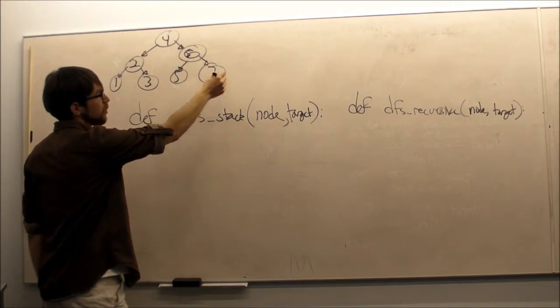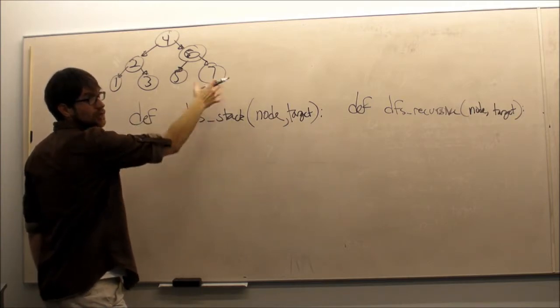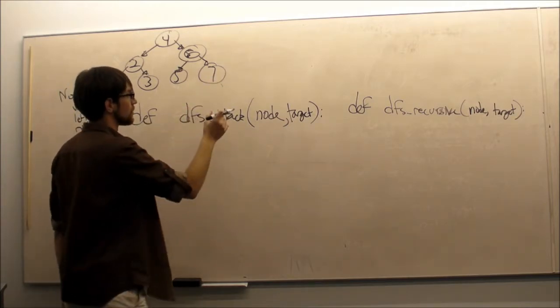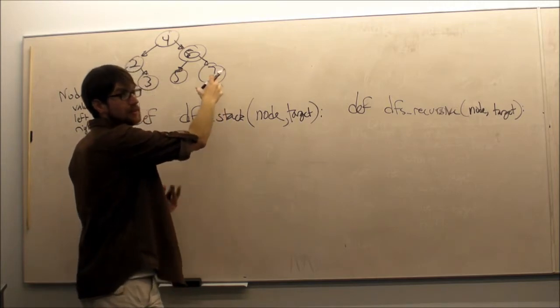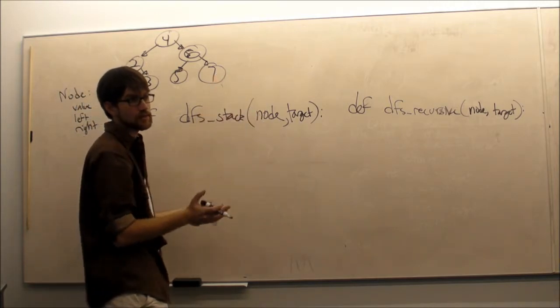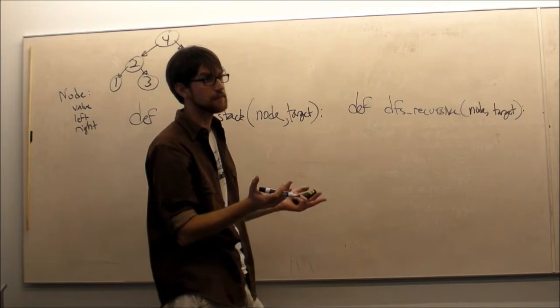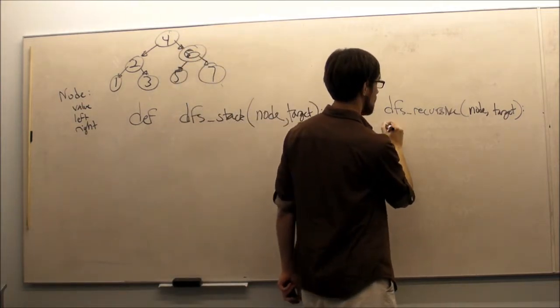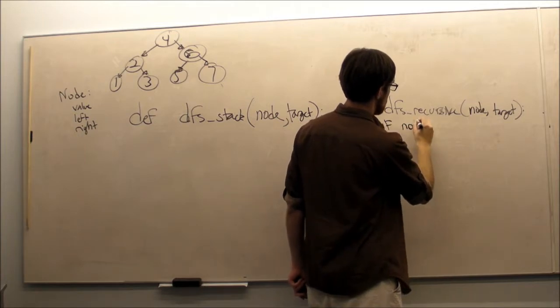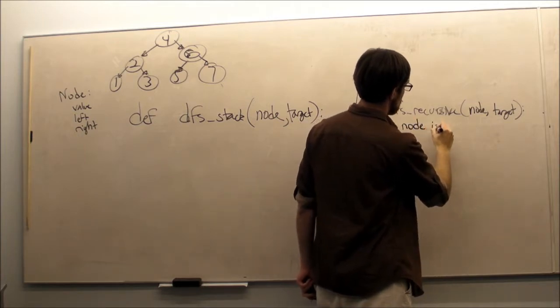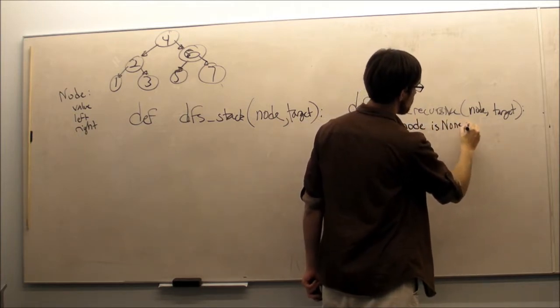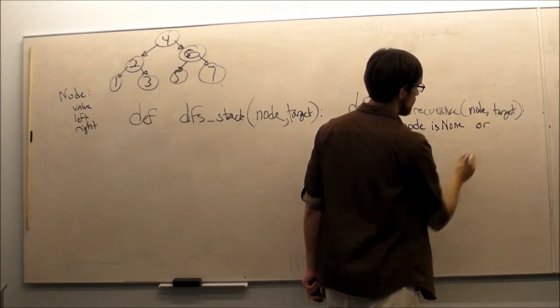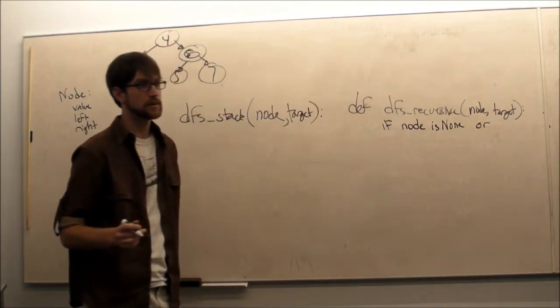If this pointed to somewhere off of the tree, or didn't have a pointer to it, more exactly, then we were off the tree at that point. So obviously there's nothing in the tree that satisfies what we're looking for. And so, if node is none, and what was the other condition that we were interested in?